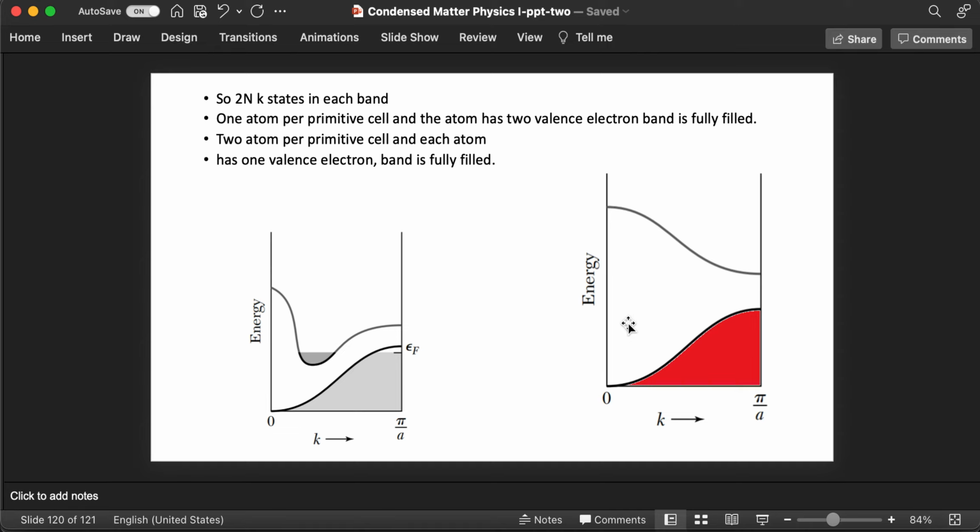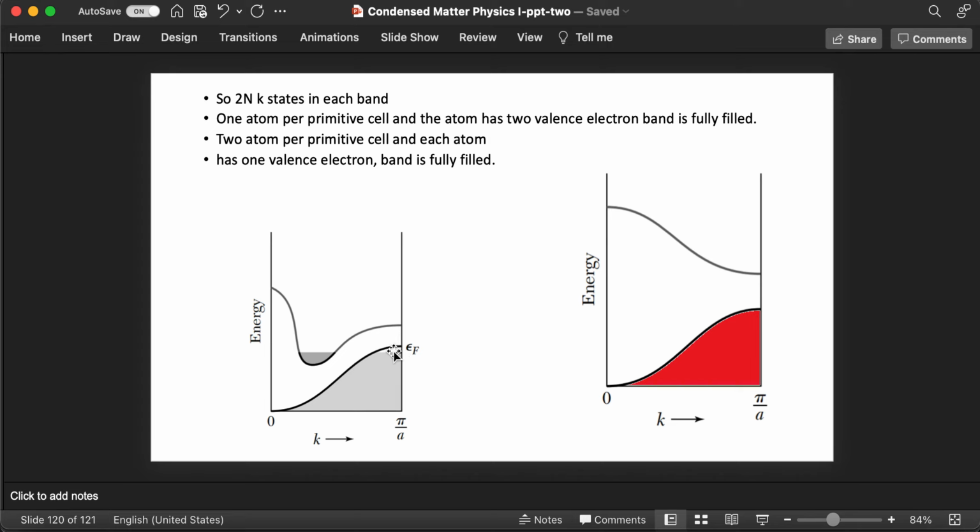But in certain cases, what happens is, this higher band here overlaps in energy with the lower band. So as you start filling the states, some of them can get occupied in the higher band because they have the same energy. And you can see there's a very small space here.